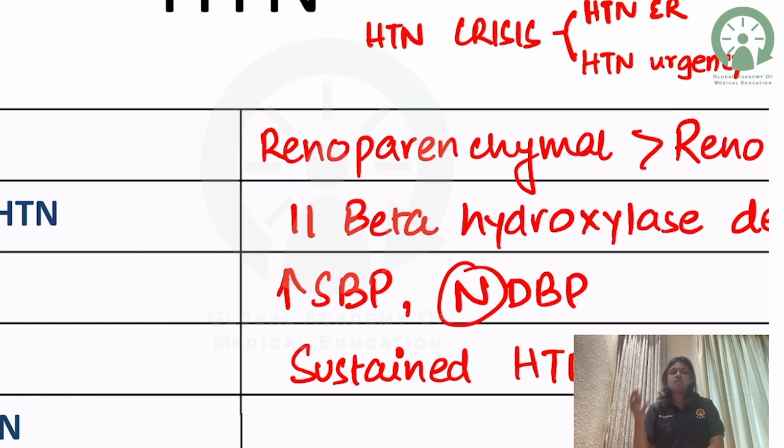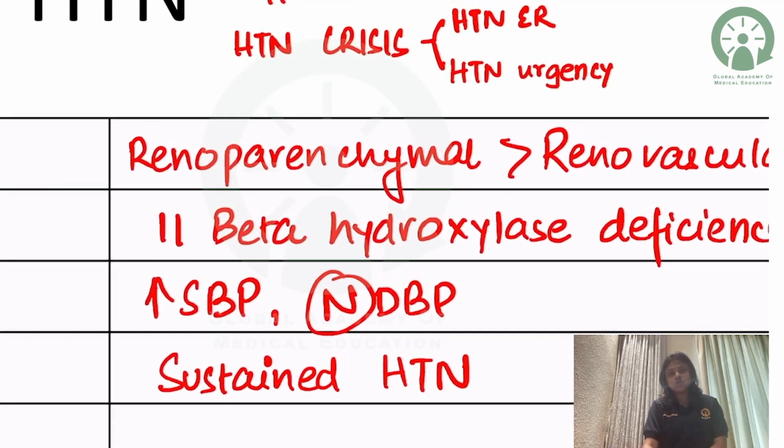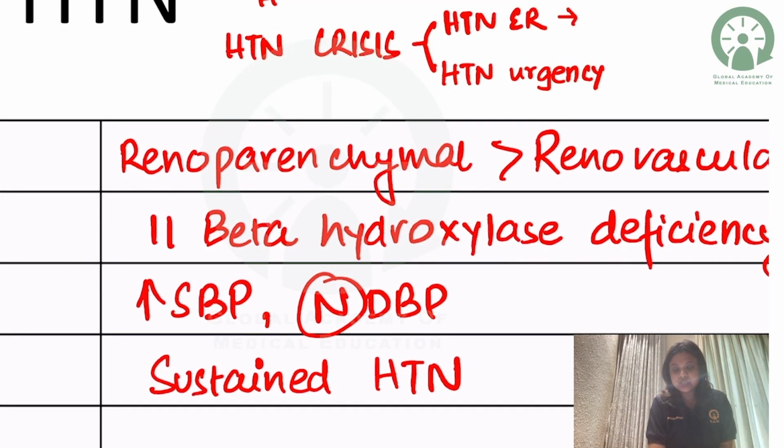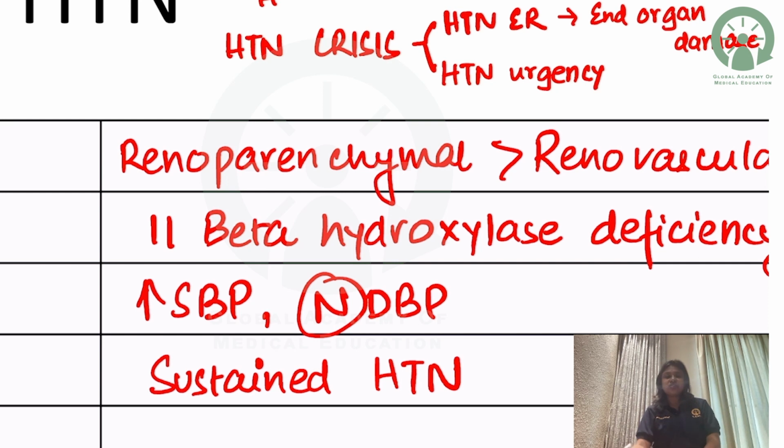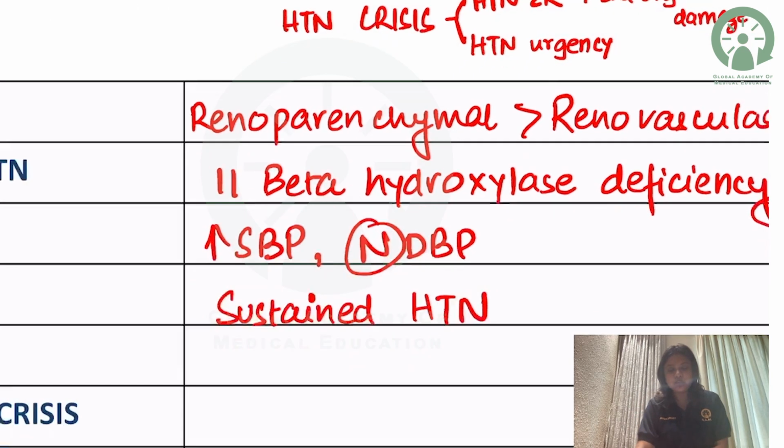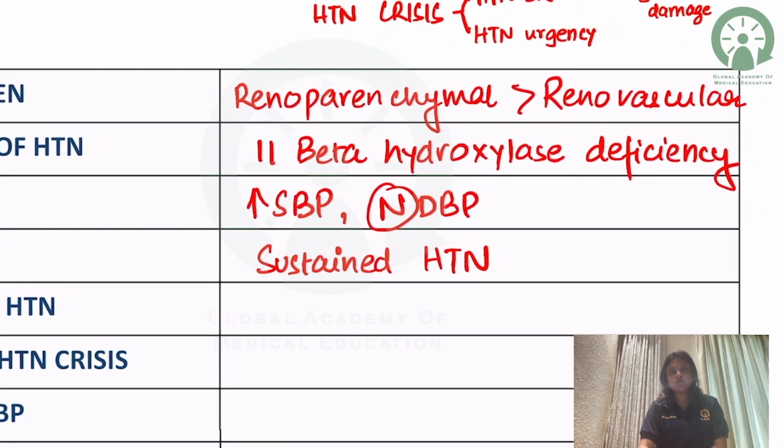We can have some effect on the brain, like hypertensive encephalopathy or PRES. There can be effect on the heart, like heart failure. Whereas hypertensive urgency is also a type of hypertensive crisis, but there is no end organ damage. If end organ damage is present, it is hypertensive emergency, and if there is no end organ damage, it is hypertensive urgency.